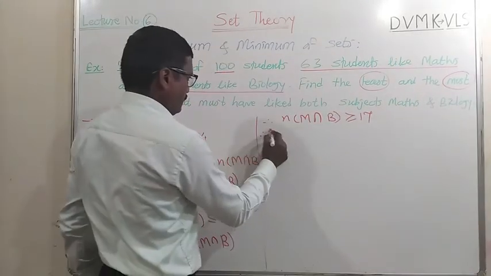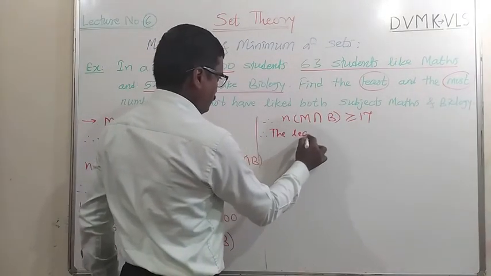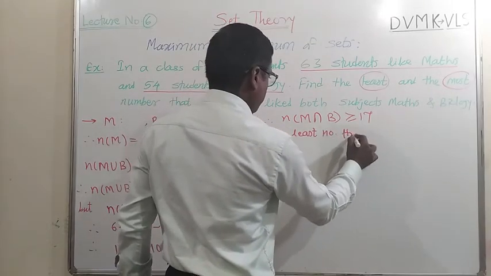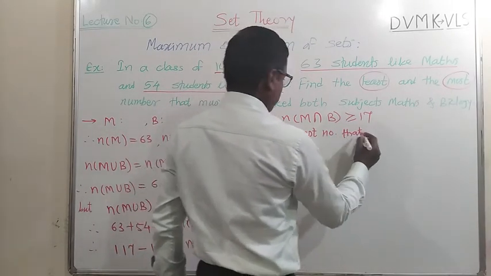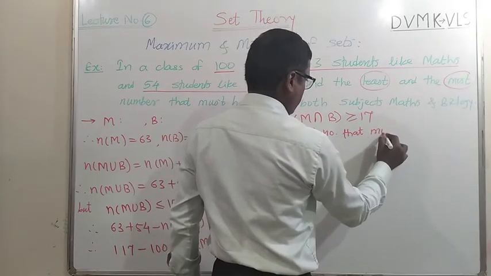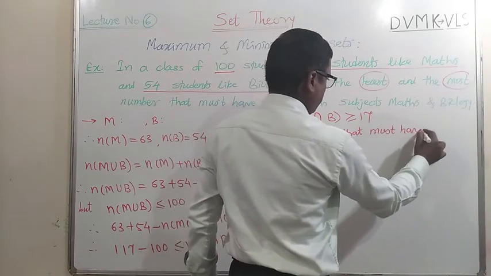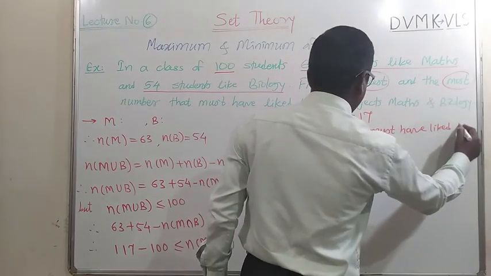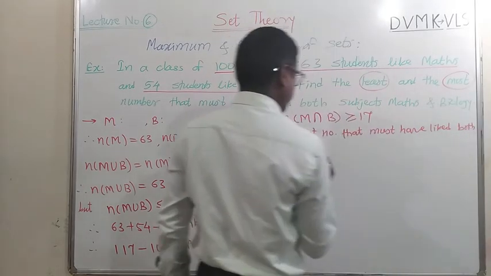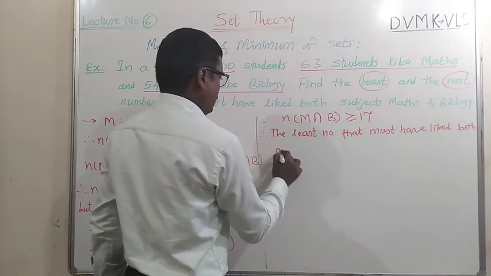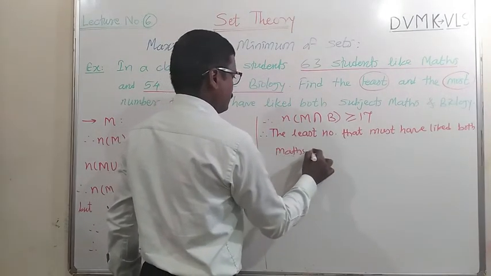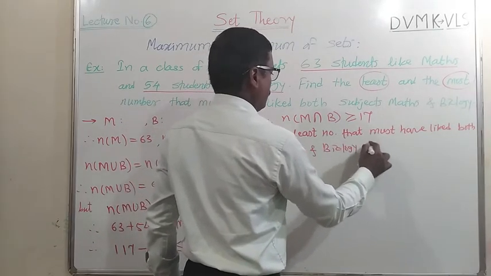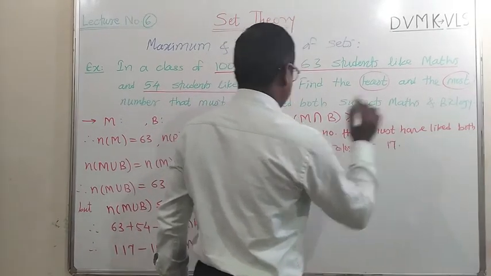Therefore, the least number that must like both maths and biology is 17.